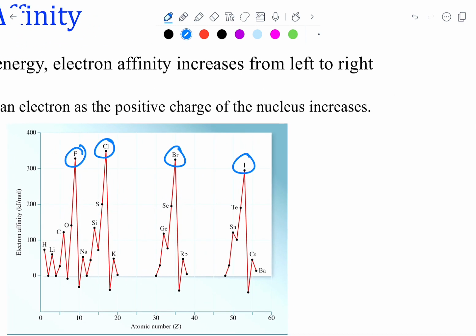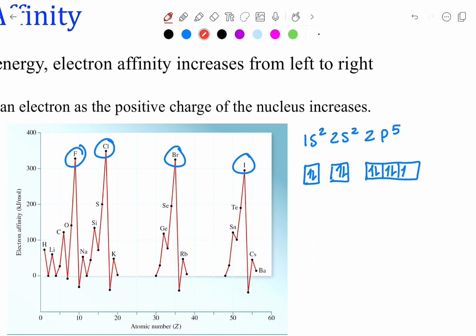So let's look at fluorine. That's 1s2, 2s2, 2p5. Okay, so its orbital diagram is 1s2, 2s2, 2p5. Fluorine, chlorine, bromine, iodine, they all have this s2p5 configuration where they're missing one electron.